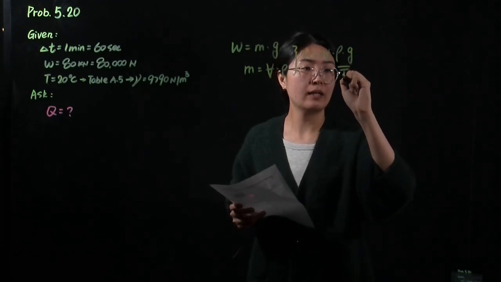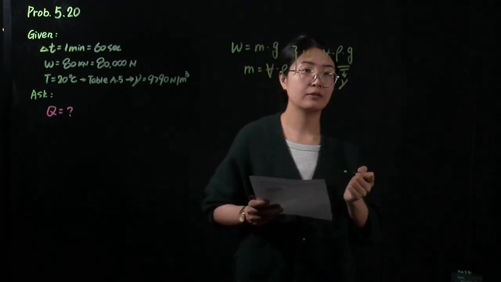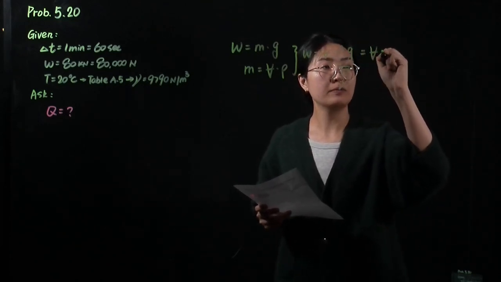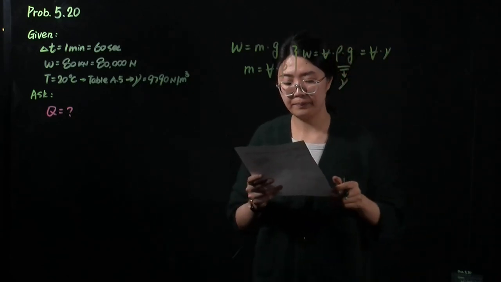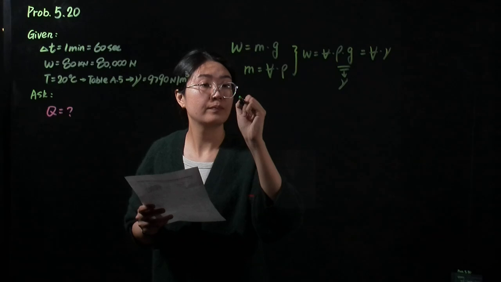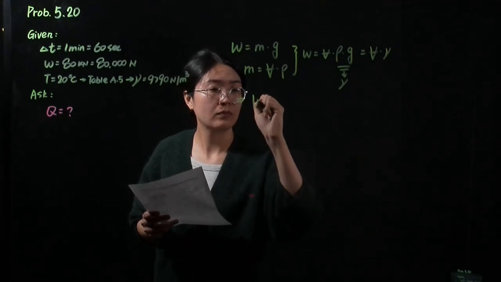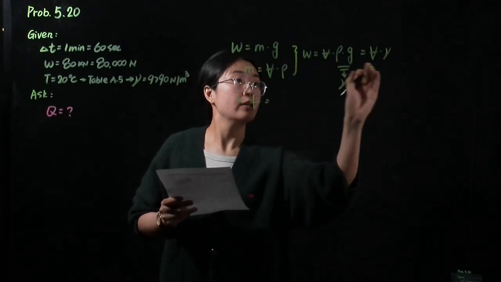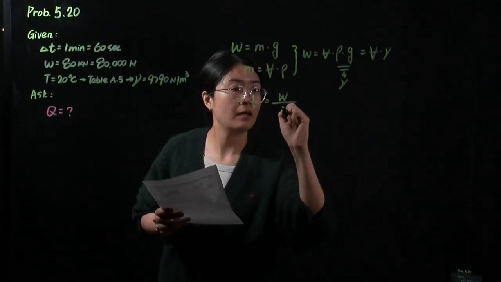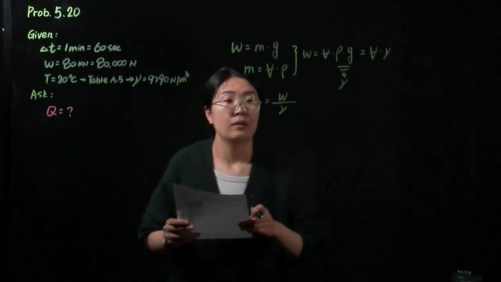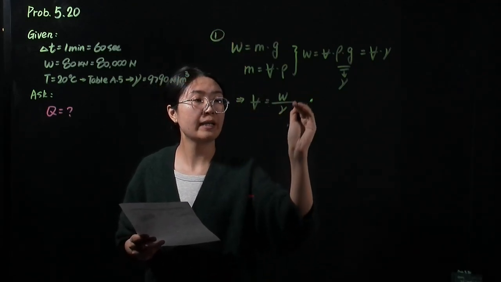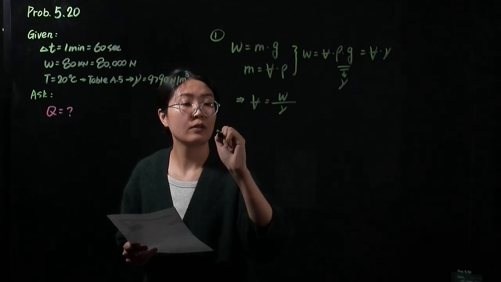Rho g is gamma, right? So the weight equals volume times gamma. Then we know the volume should equal weight over gamma. So this is the first step. We use weight and gamma to represent the volume.